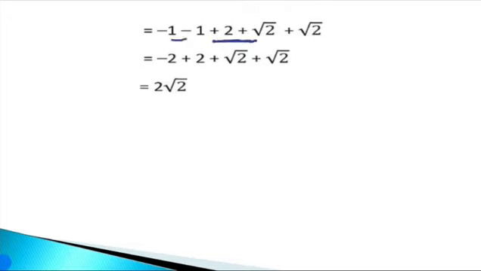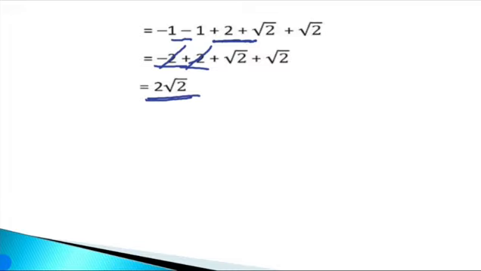So here minus 1 we get minus 2 plus 2 and plus root 2 plus root 2. Here minus 1 plus minus 2 plus 2 cancels. We remain with 2 root 2. Hence P of minus 1 is not equal to 0. That means remainder P of minus 1 is not equal to 0.